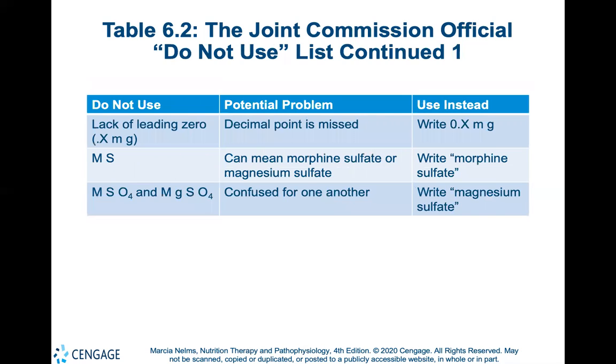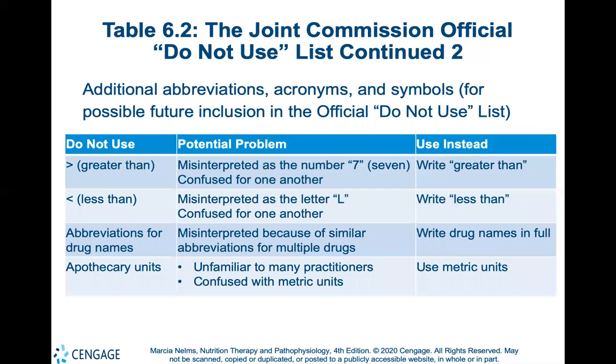Do not use lack of leading zero. Instead, you should write 0 point whatever the number milligrams. MS, instead, you should write morphine sulfate. Do not draw out the greater than sign. It can be mistaken for a number, so write the word greater than.